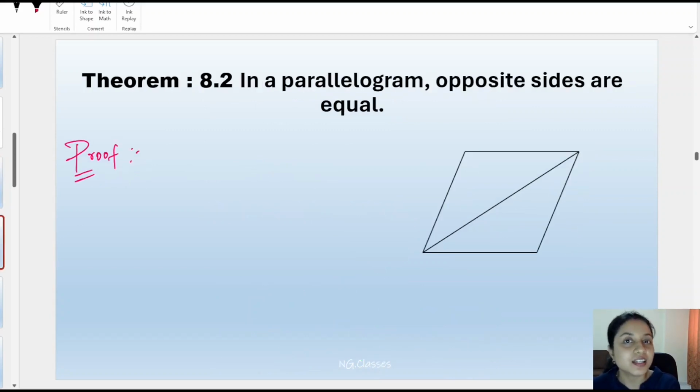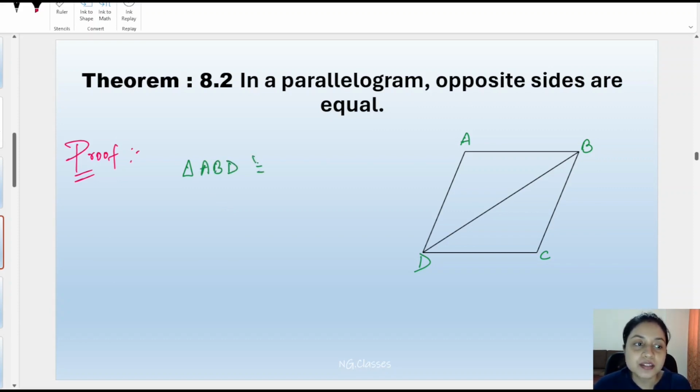Now let's see the other theorem. The next theorem says in a parallelogram, opposite sides are equal. So let's say we have the same parallelogram ABCD, and we have now proved that in this parallelogram triangle ABD is congruent with triangle CDB.